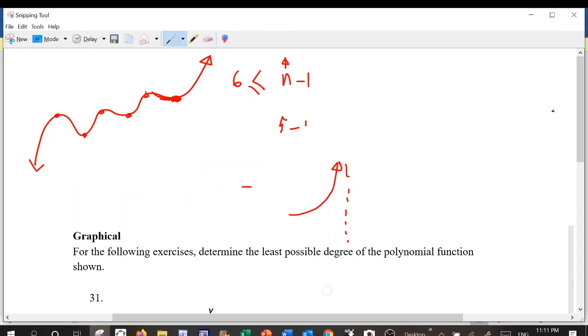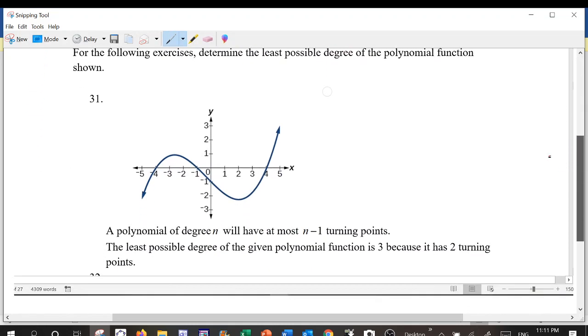All right, now here in this problem, how many turning points do we see? We see 2, right? So that means n minus 1 has to be at least what? Let me put it this way. 2 is the number of turning points. So that means the degree has to be at least 3. 3 minus 1 is 2.